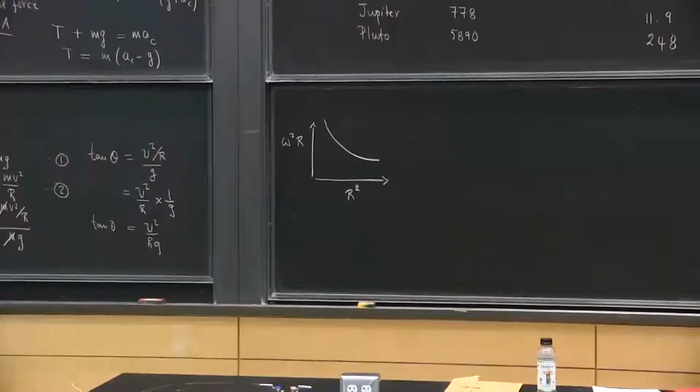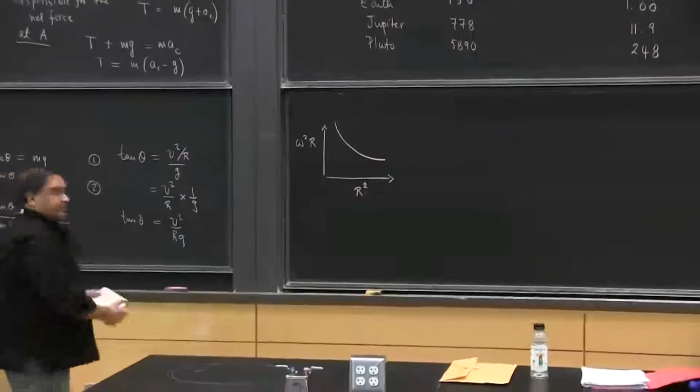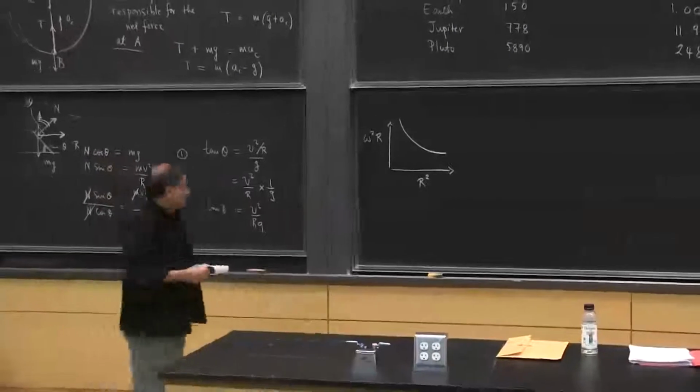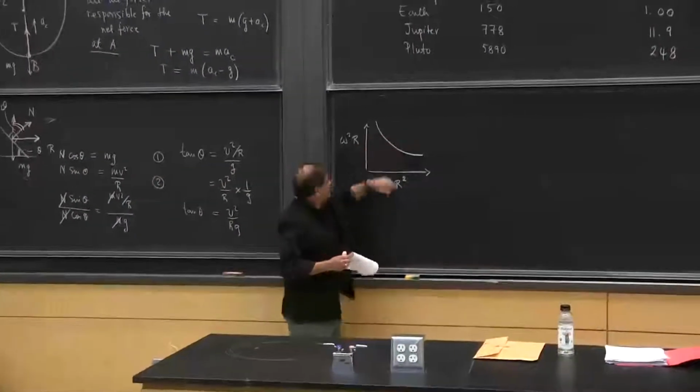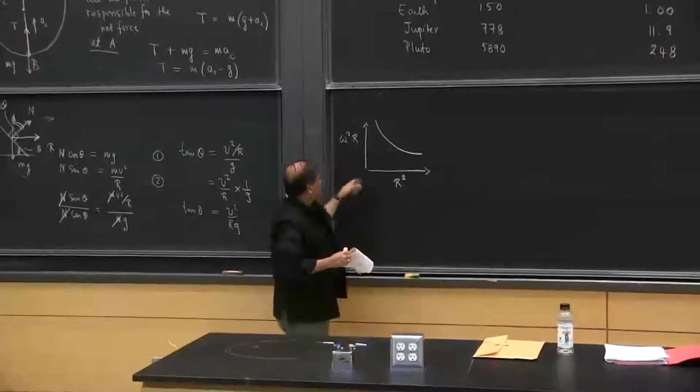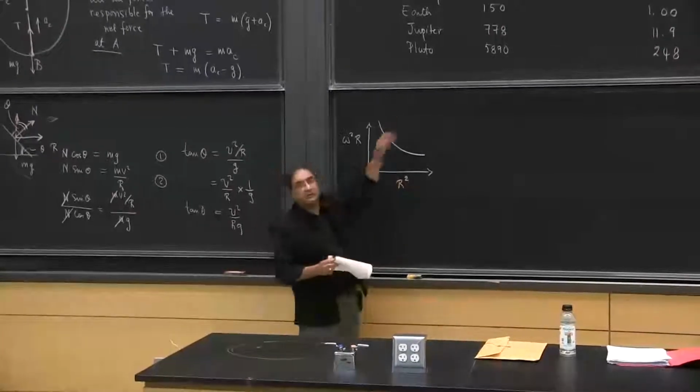You can plot it in a variety of different ways. If you are familiar with logarithmic plots, you can take the log of this and the log of that, and this will look like a straight line. Or you can plot it as 1 over r squared, in which case it will go like that.